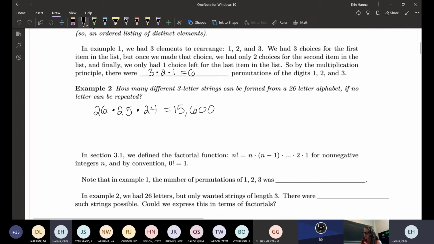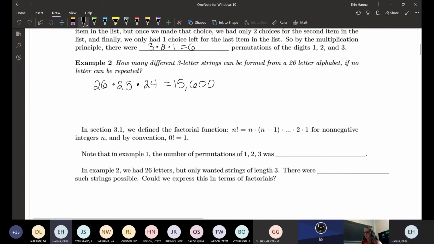So we have 26 times 25 times 24. And notice in the other one we were doing 3 times 2 times 1. So it's kind of going downwards. So in section 3.1, remember we defined the factorial function, which is represented by an exclamation point. So if we have n factorial, remember that's essentially n times n minus 1 times n minus 2 all the way down to 2 times 1.